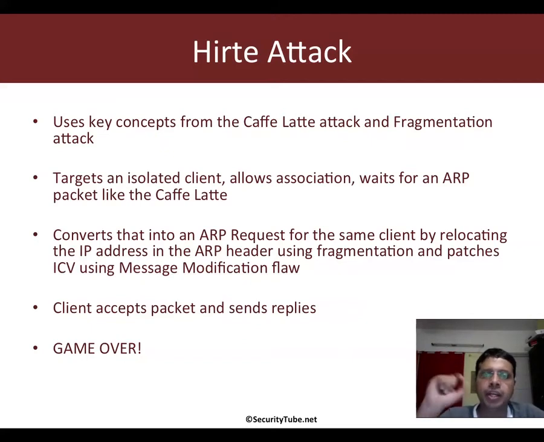Well, it relocates the client IP address in the packet to make it an ARP request packet for the same client. This is accomplished using fragmentation, where it creates two fragments which, when reassembled, create the ARP request packet, right? Now it sends this back to the client, which of course replies because it's an ARP request to its own IP address.